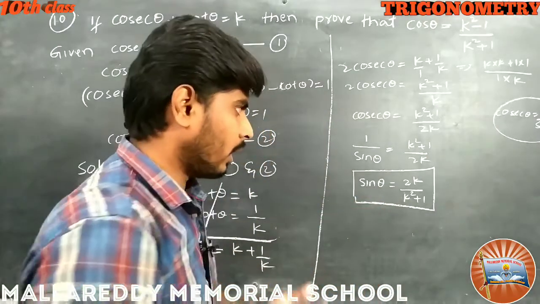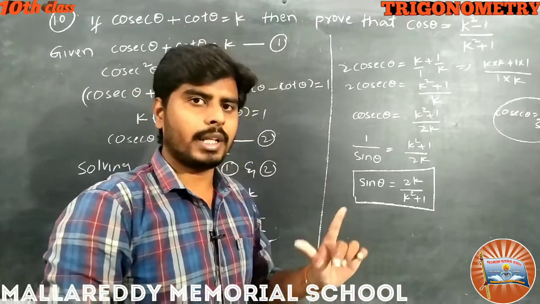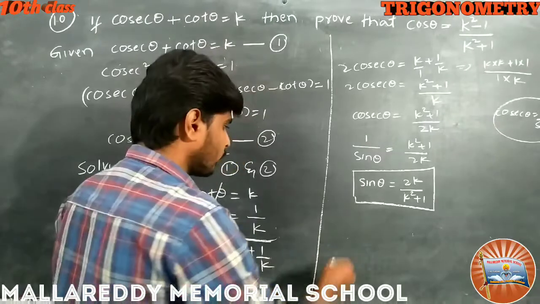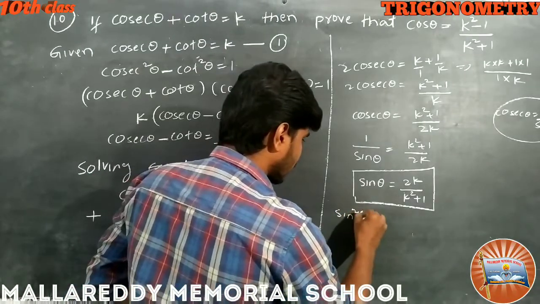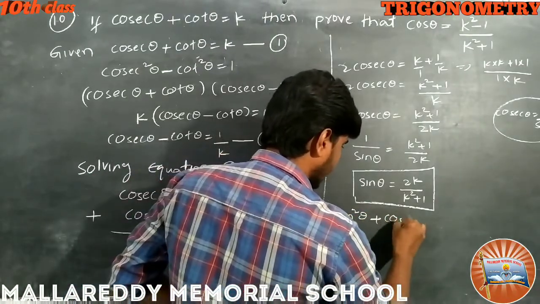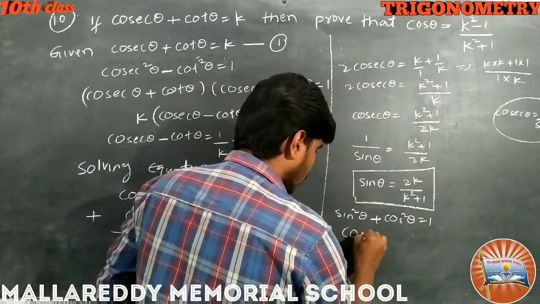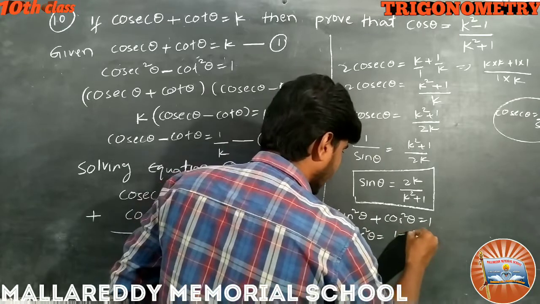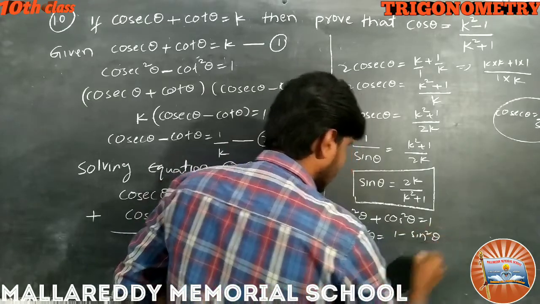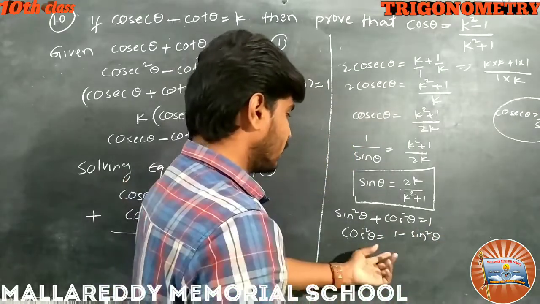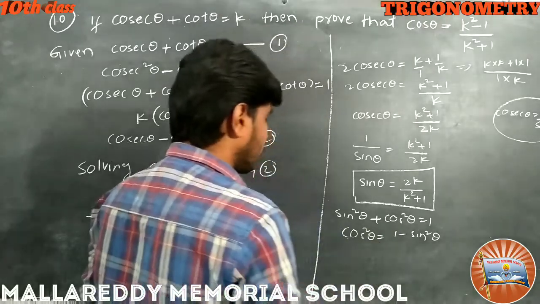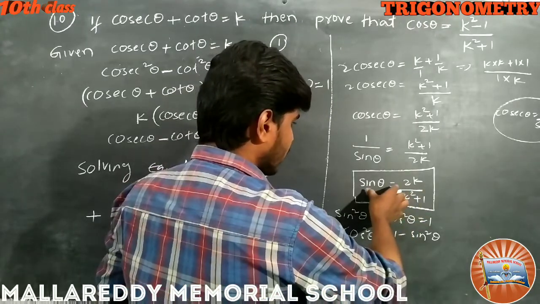So we have an identity between sin and cos, isn't it? What is that? Sin square theta plus cos square theta is equal to 1. With the use of this, cos square theta we can write as 1 minus sin square theta, isn't it? Can you write like this? Yes, we can write. So now replace the sin theta value.